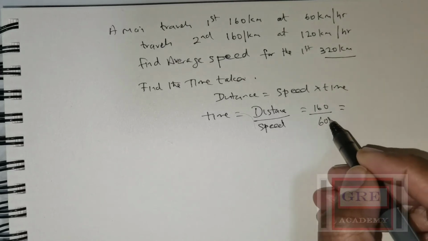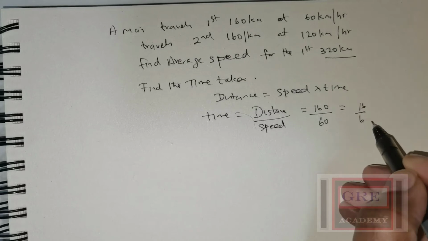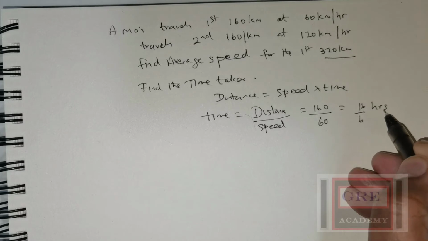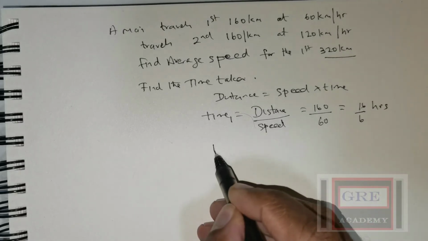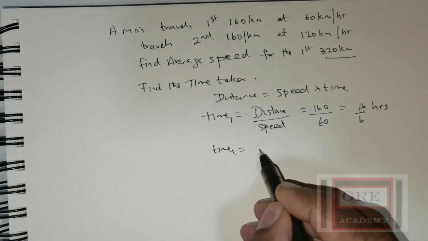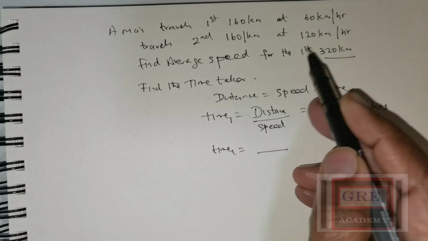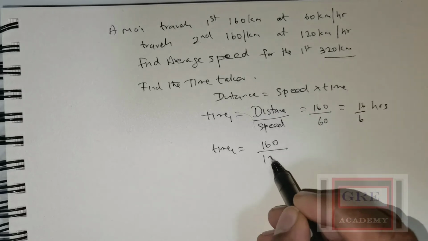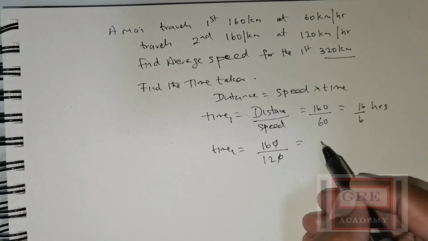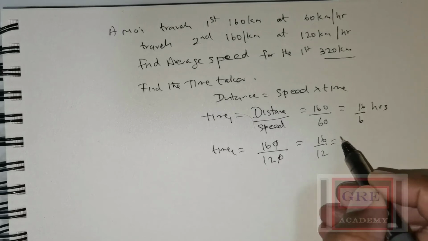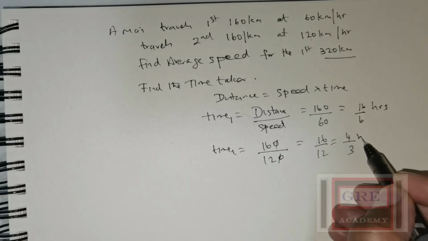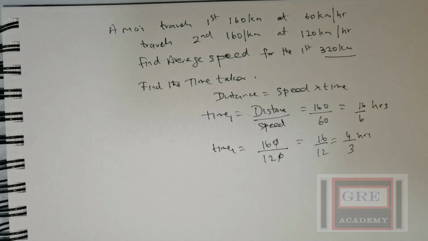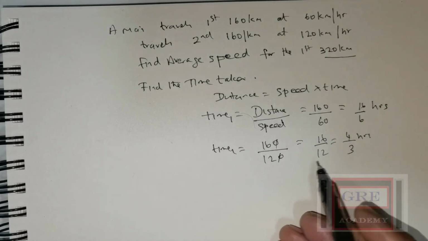So the time taken would be 160 over 60, that is 16 over 6 hours. Now this is the first time. For the second time, using the distance over speed formula, the distance is 160 and the speed is 120 kilometers per hour. So we have 16 over 12, which is 4 over 3 hours. This is the time that we have obtained for the second half.